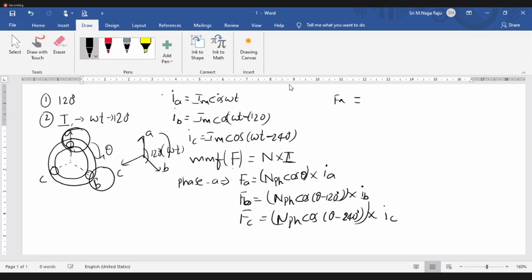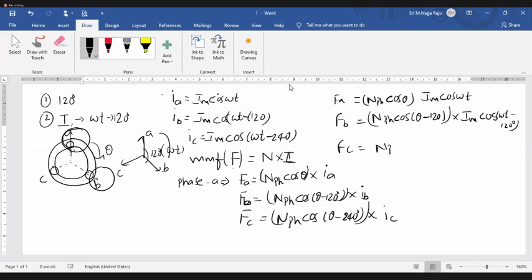That is, FA equal to N phase cos theta into what is IA? I maximum cos omega t. FB equal to N phase cos theta minus 120 into what is IB? I maximum cos omega t minus 120.